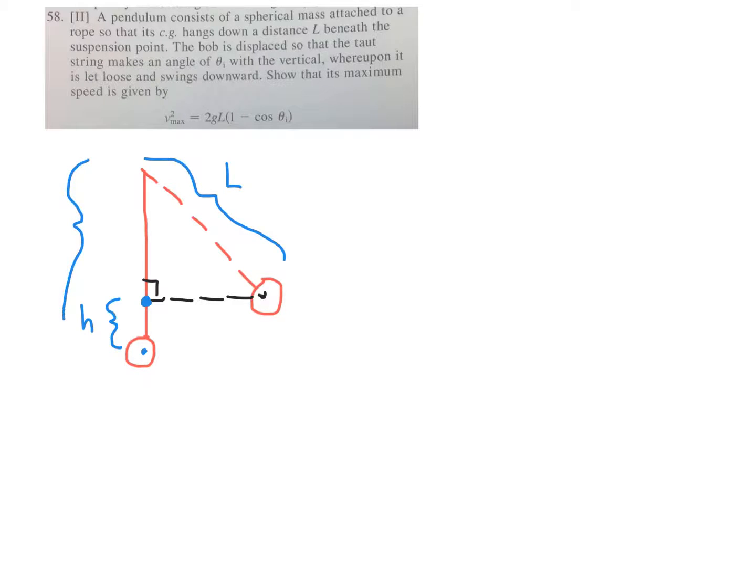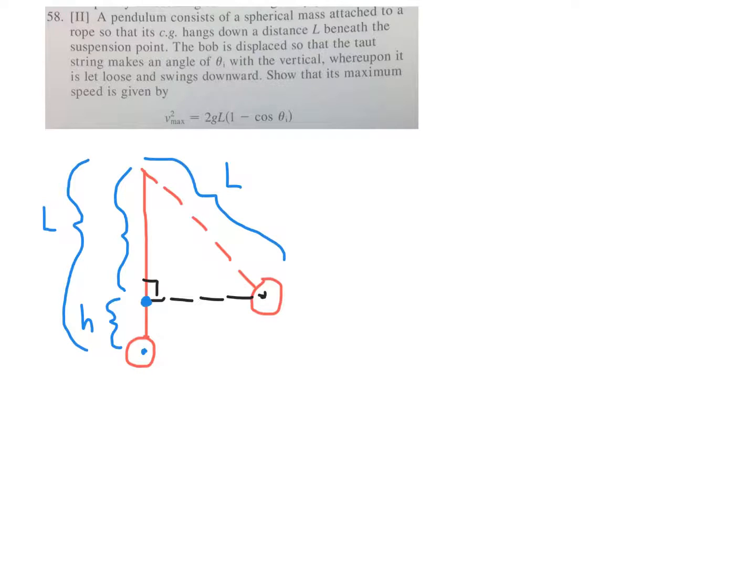So the big distance is L. On the vertical string, I have big L for the length of the pendulum, H for the height that the bob obtains when you pull it back before you release it. I'm going to mark off one more thing, and that is this segment right here, which symbolically is L minus H. It's the big length, L minus H.